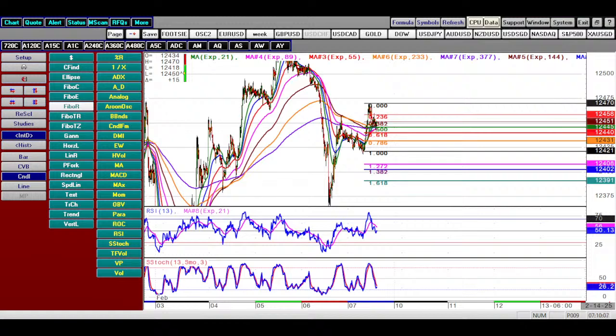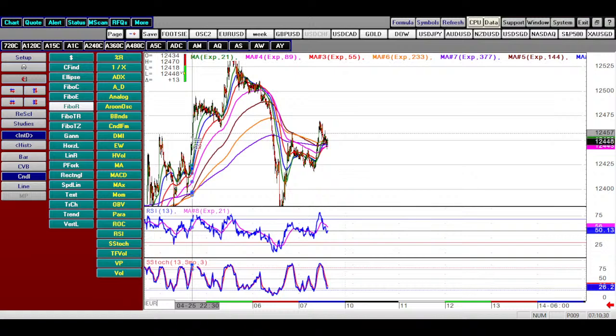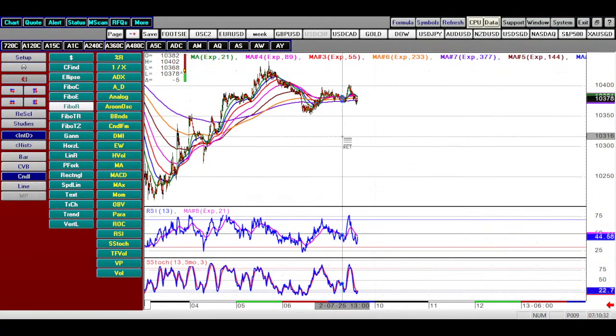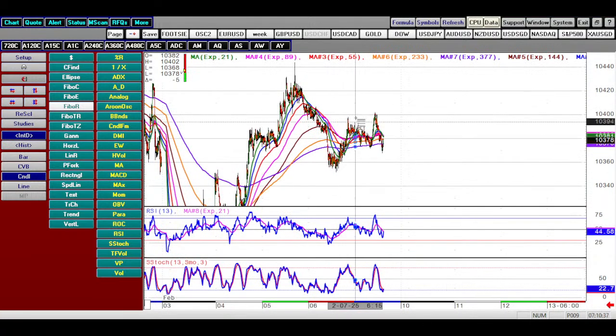Okay, then finally we try to close the euro dollar. Okay, euro dollar, similar. This looks like we are seeing a double top here. Looks like we may see the price moving lower.